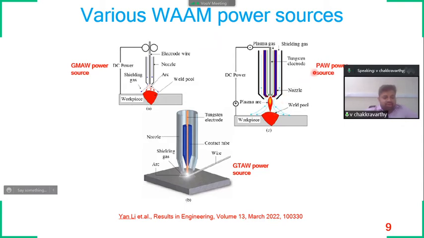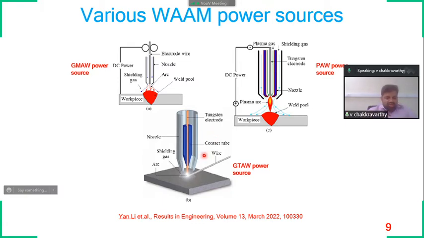Plasma arc welding is an advanced, evolutionary version of the GTAW power source. So what is the advantage here? In the GTAW torch, the arc is a flaring arc, which means it spreads out this way. Whereas in plasma arc welding, the arc is a very converged arc.